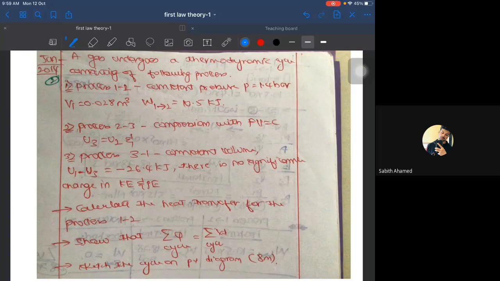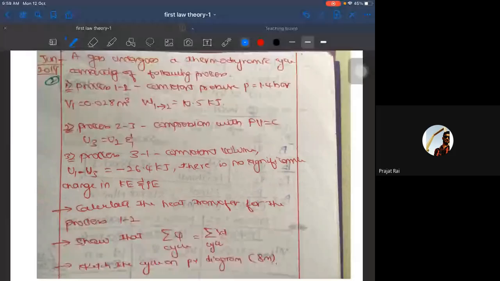Ranjat, Ramdas, Rakshan, present, sir. Ramdas present, sir. Rajat, present, sir. Satish, present, sir.